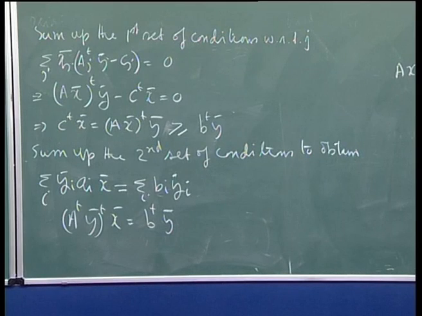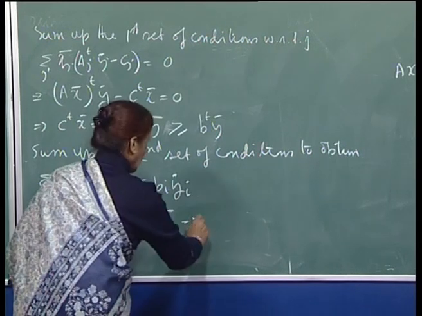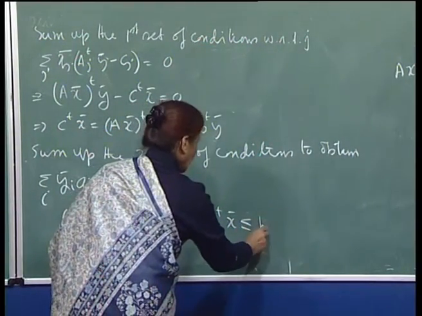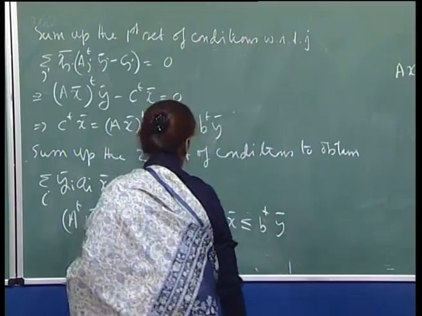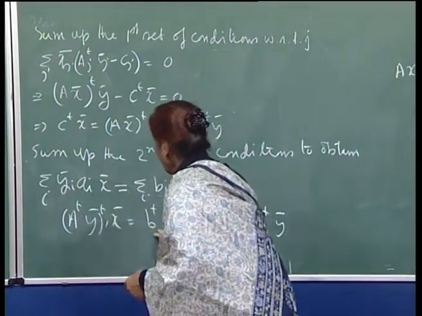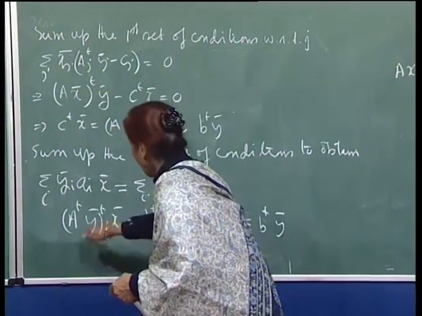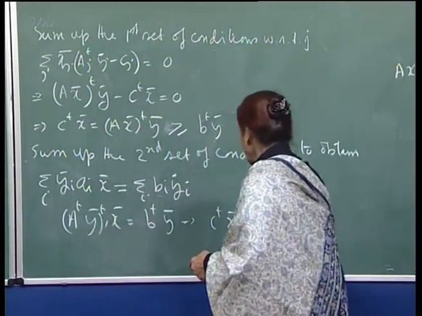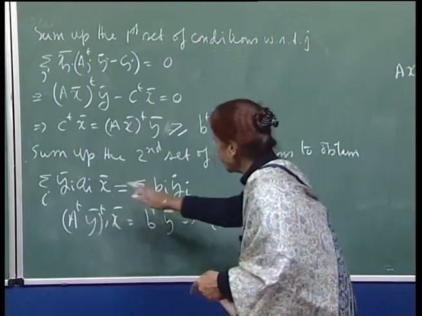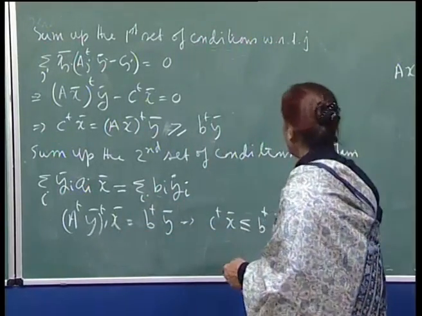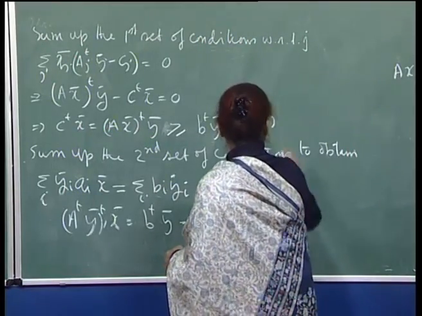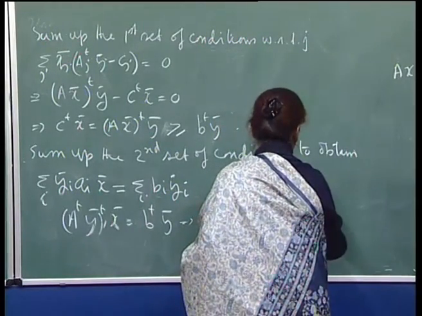So, this implies that c transpose x bar is less than or equal to b transpose y bar from here, because y bar is feasible and all components of x bar are non-negative. Therefore, c transpose x bar is less than or equal to this, and so this holds. So, from here this is your 1 and 2.